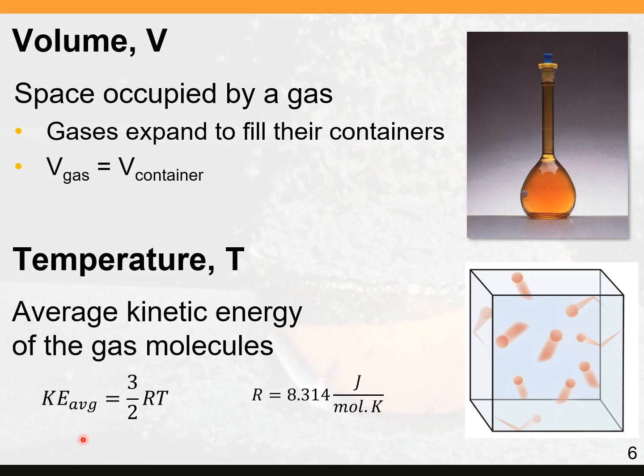This relationship indicates that kinetic energy is dependent only on temperature and independent of the type of gas. This realization has important consequences, as discussed in more detail under the kinetic molecular theory.